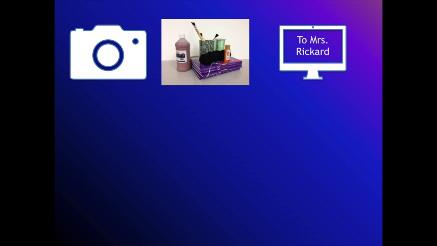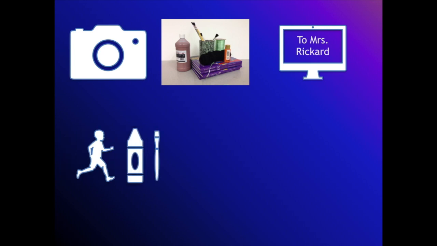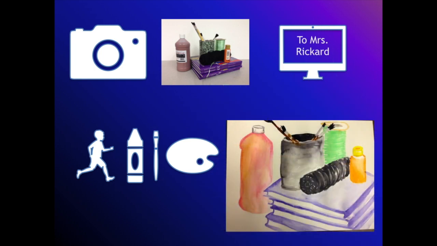After you've turned in the picture, have some fun. Find some art materials you might have around the house and try your hand at drawing, painting, or creating your own still life. Note that the picture I've made of my still life is modeled after the one I made in real life. We're not using our imaginations here. We're actually trying to look and make what we see.